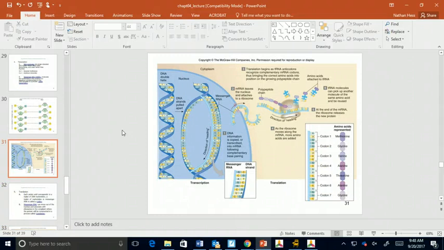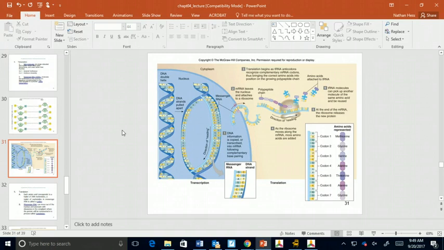What page is this on in your textbook for me? Page 98. This diagram has a ton of good information on it, so let's spend some time here. Inside the nucleus, that's the big blue thing on the left, right? Inside the nucleus is where the DNA is.